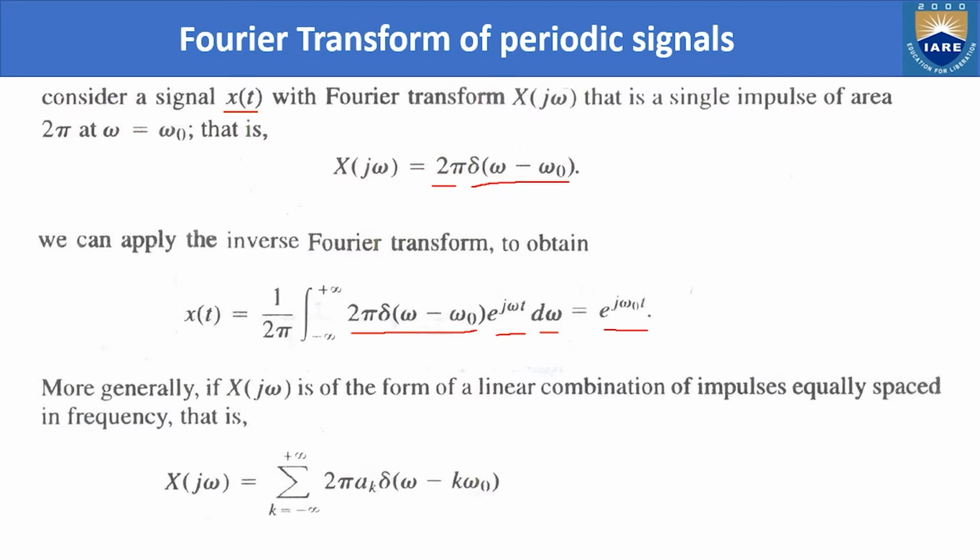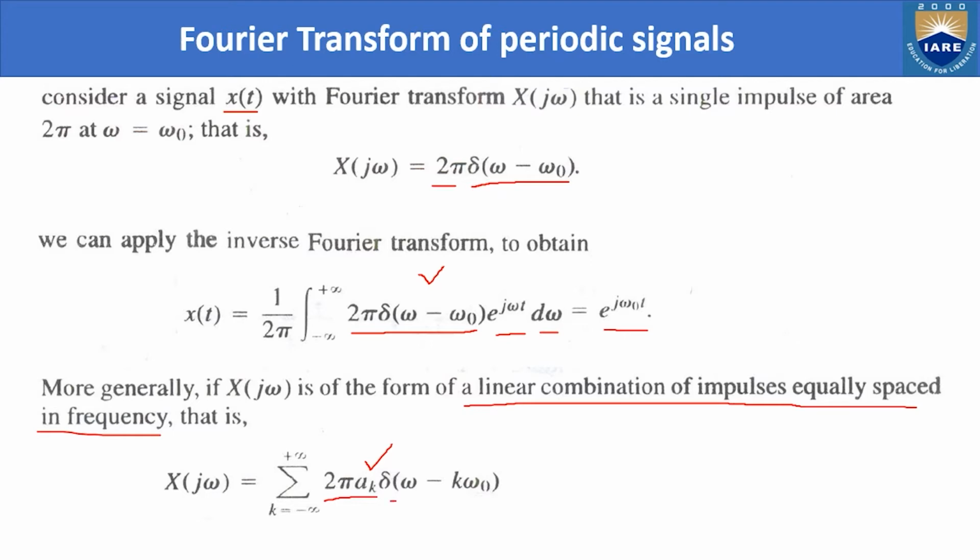Now take a linear combination. Now consider a linear combination of impulses equally spaced in frequency. So earlier I had taken only one impulse here. Now I am taking infinite impulses whose amplitudes are 2 pi ak, where ak is the amplitude of the kth delta function.